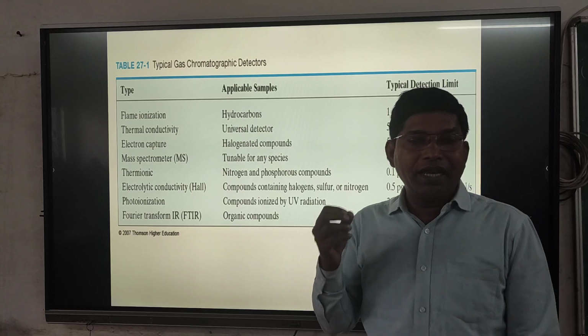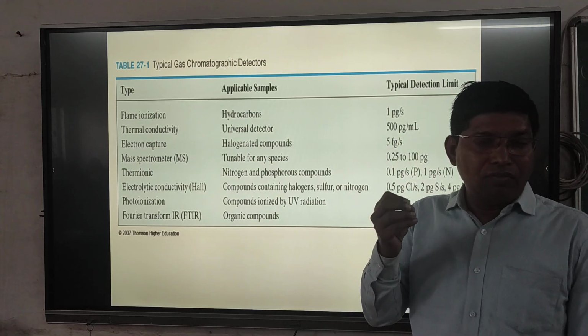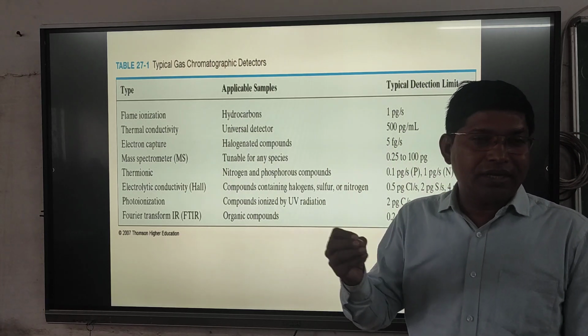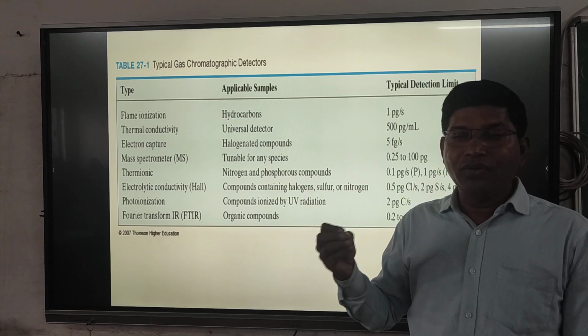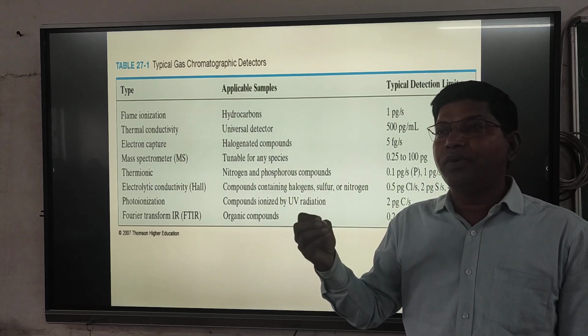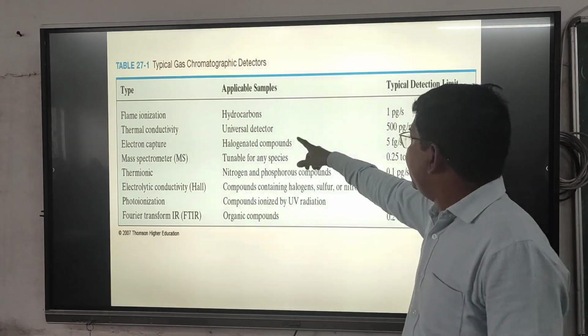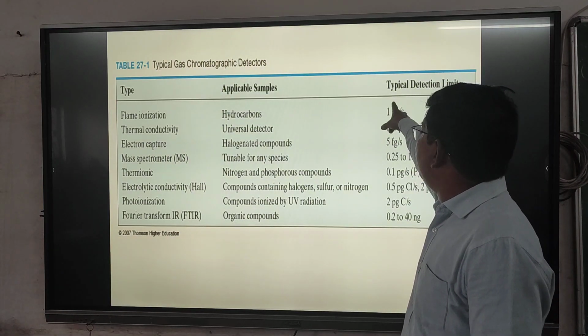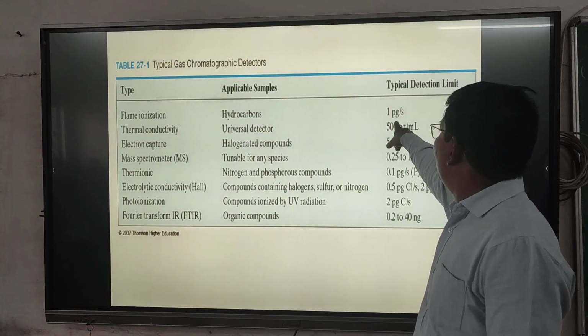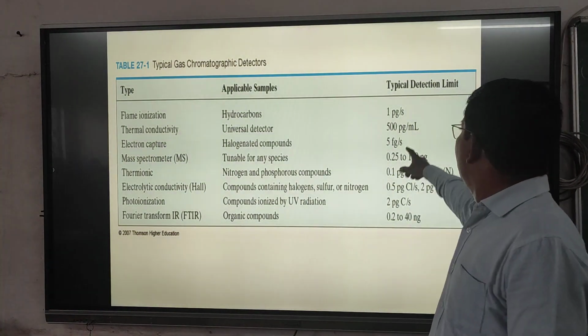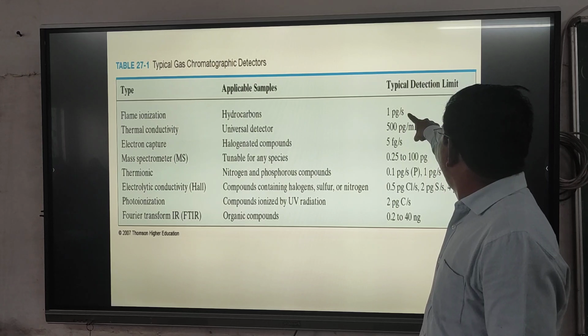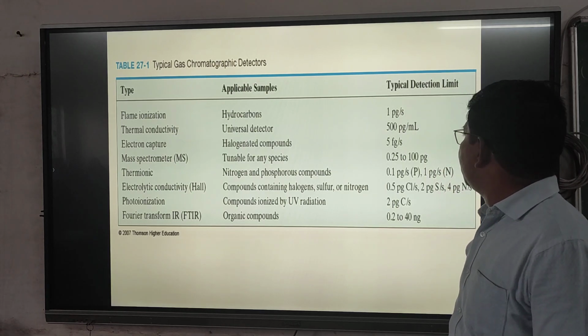The FID can be used for almost all organic compounds, because we know that gas chromatography is used for the analysis of organic compounds. And the sensitivity, if you are using FID, is 1 picogram for the solid sample.